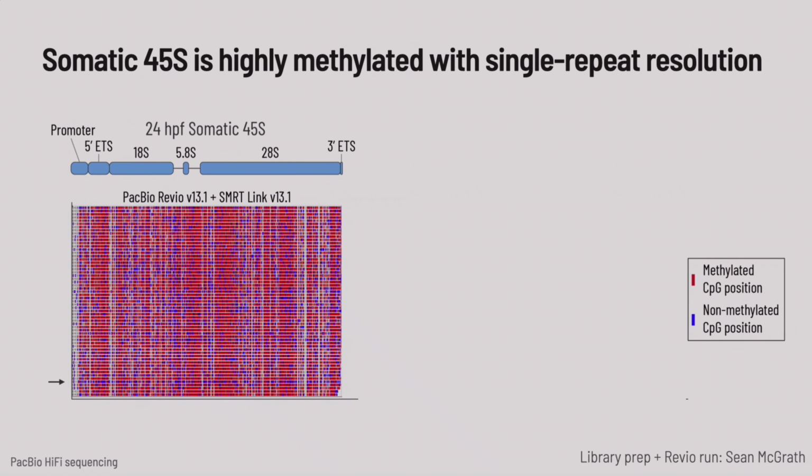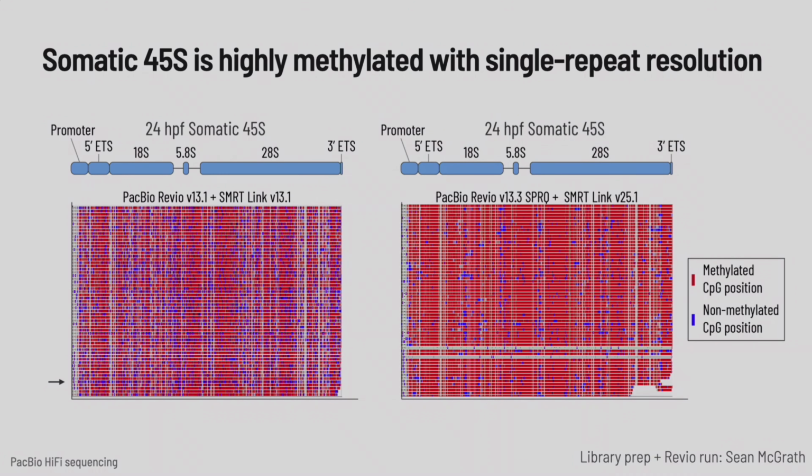But this was with the old chemistry. When we resequenced the same library with the new chemistry, those reads that show low methylation are completely gone, and now the majority of the reads are highly, highly methylated, which is quite unusual because ribosomal RNA is the most abundantly transcribed locus in the genome, and it's highly methylated but being actively transcribed.